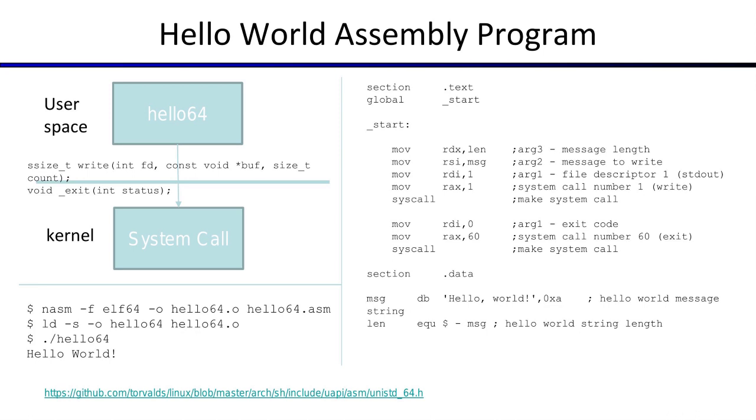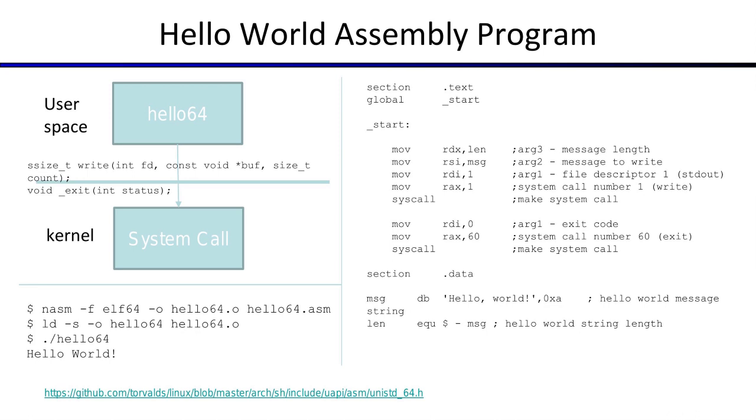Then the system call number needs to be passed to RAX. The system call number for exit is 60. So we will pass 60 to RAX. Then we make a syscall. And voila, that is pretty much the code. We had hello world written out and we exited the program.